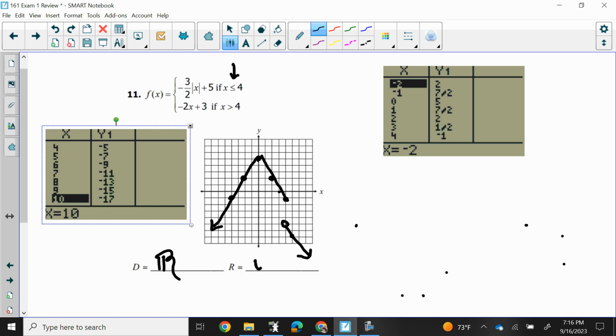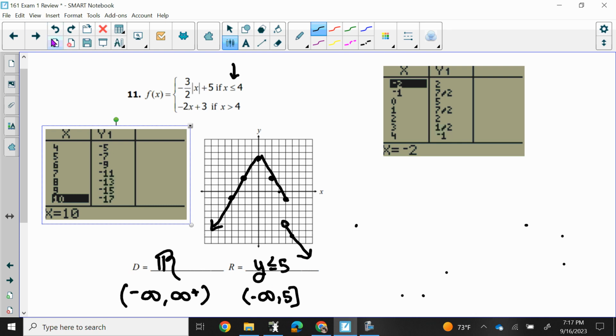So my range is going to be y is less than or equal to 5. In interval notation, I'd be doing negative infinity to positive infinity, and this would go negative infinity to 5. Okay, so you will have to do one of those.